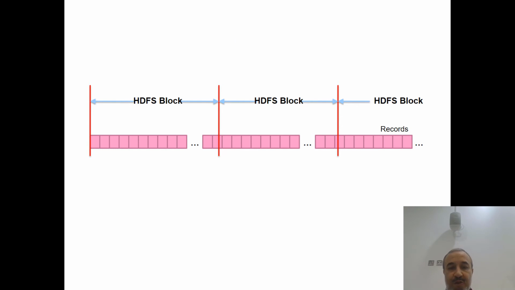Now, why didn't we align exactly the records with the blocks? Intentionally, we did it that way, so that the block actually ends within a record. Because when we save the files, the file system doesn't know the logical meaning of a record.